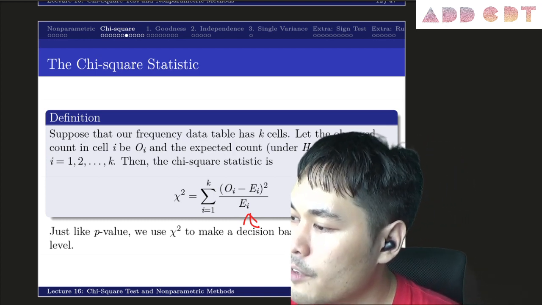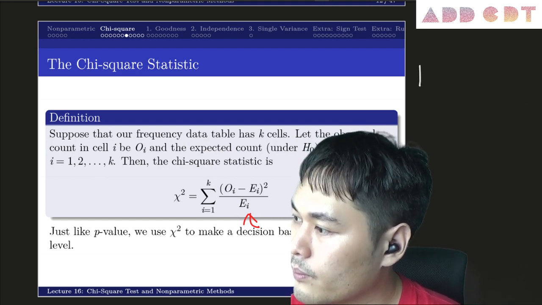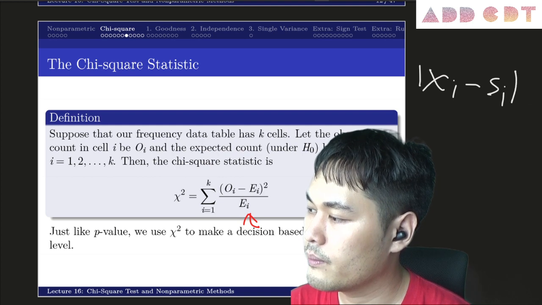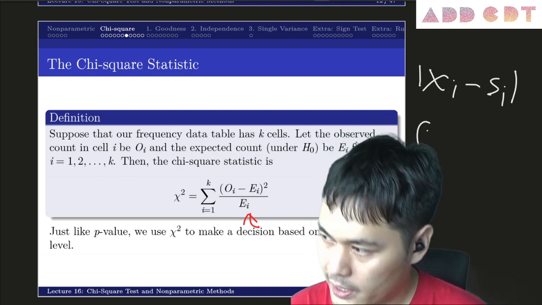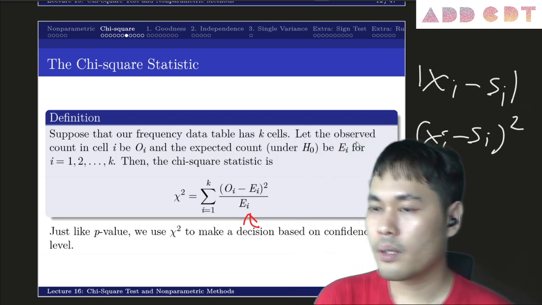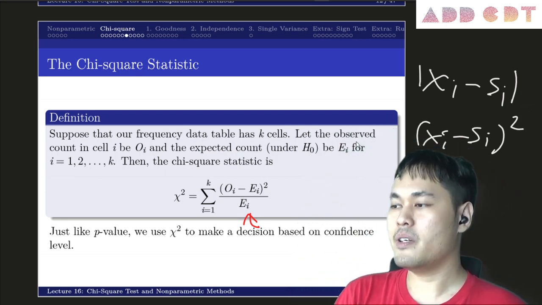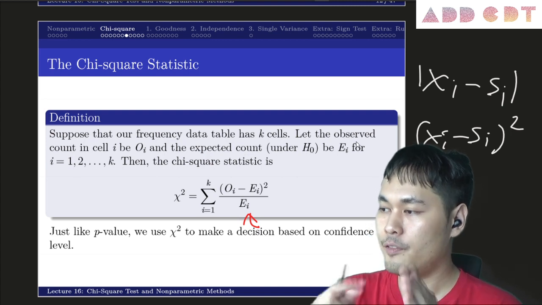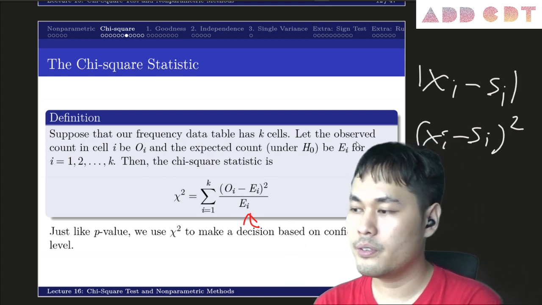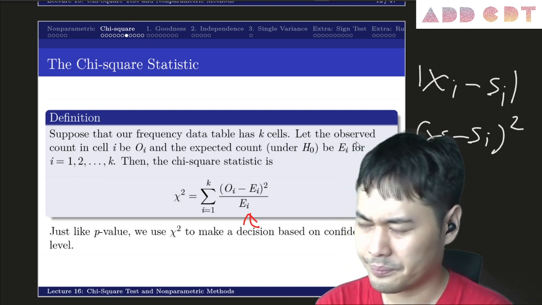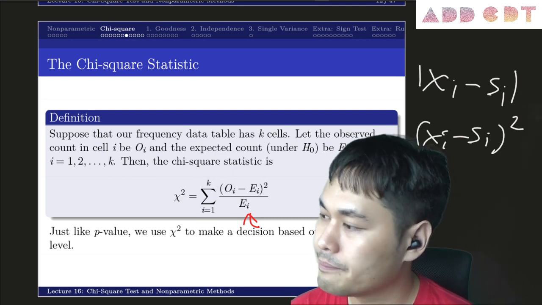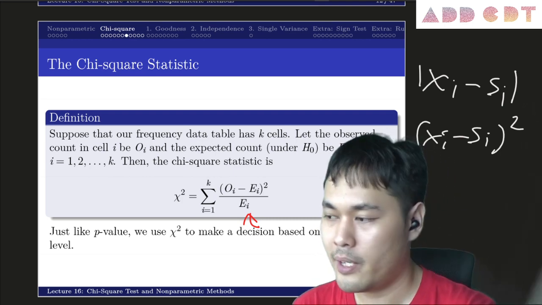First, instead of using the absolute value, what we have up there is the absolute value, but now we are using the square, which measures the same thing. Right? If they differ a lot, then the result should be high. They just have different magnitudes.